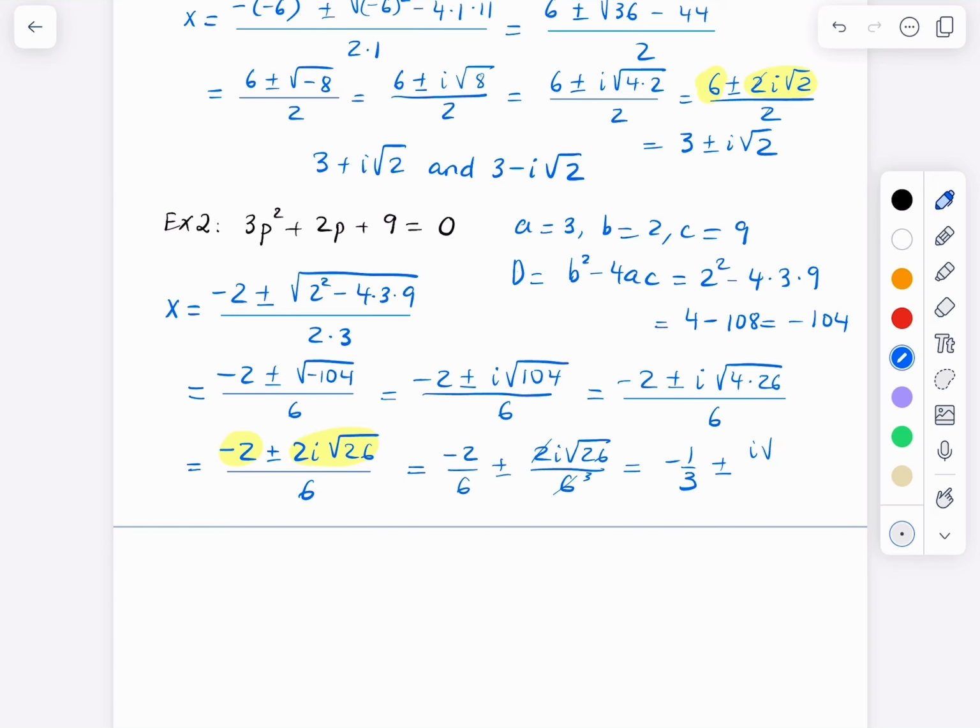So i square root of 26 over 3. Again, we're ending up with two distinct imaginary numbers, which are negative 1/3 plus i square root of 26 over 3 and negative 1/3 minus i square root of 26 over 3.